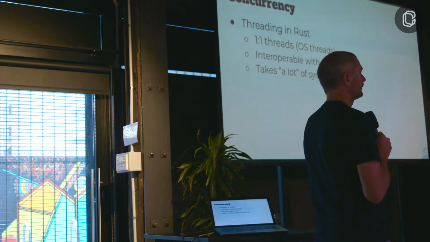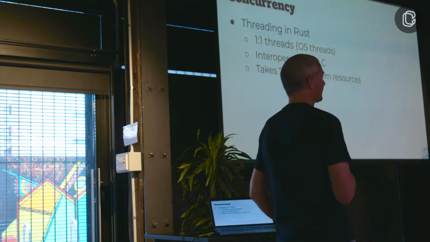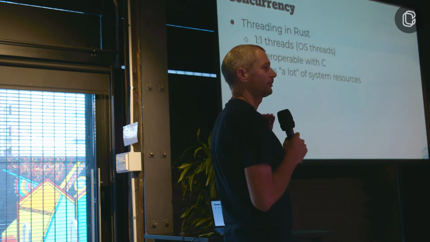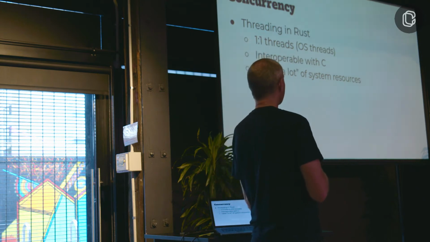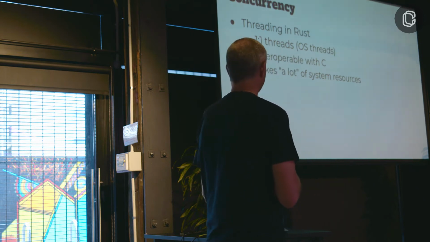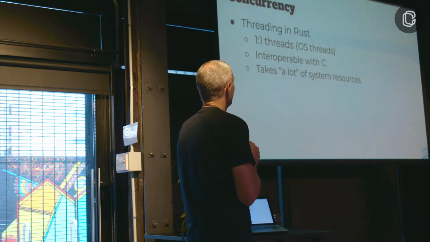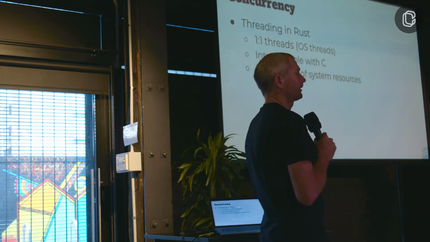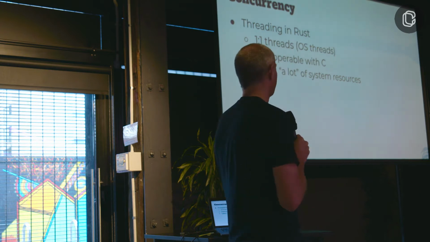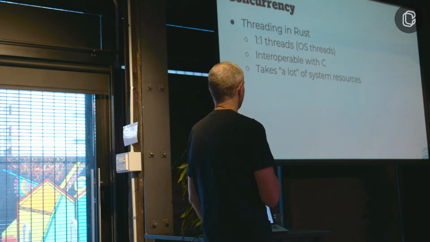So threads in Rust are pretty much just using the threads from the operating system. They experimented with something called green threads, but the biggest issue with green threads is it wasn't very interoperable with C, and Rust will always be interoperable with C.